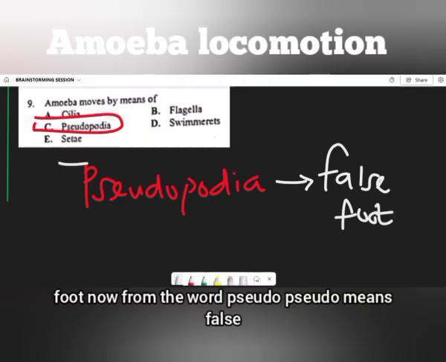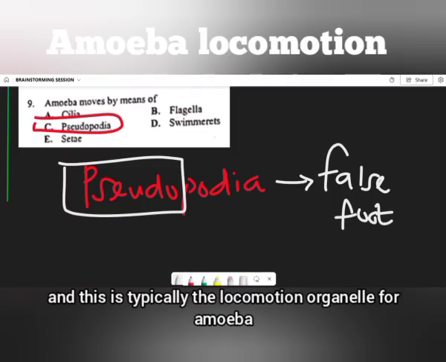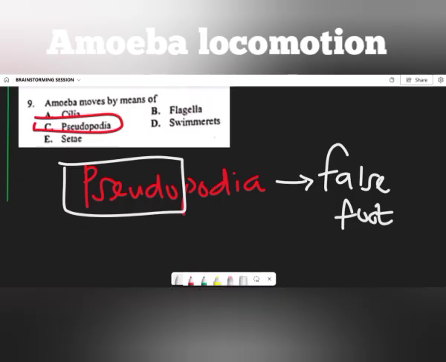The word pseudo means false, and this is typically the locomotion organelle for amoeba. Amoeba cannot move with a specialized organ, but rather they make use of the cytoplasm to move from one point to another.